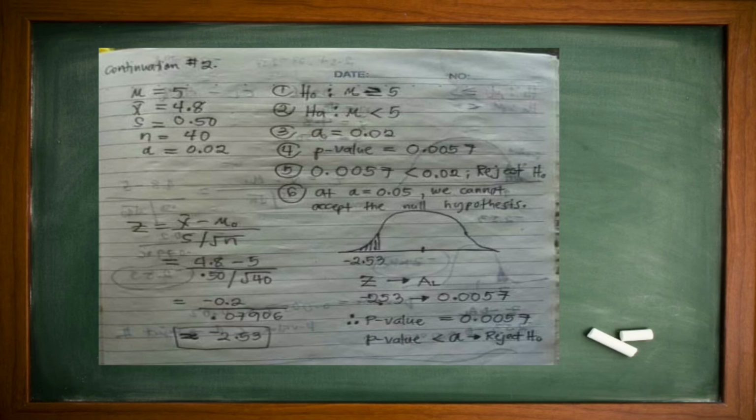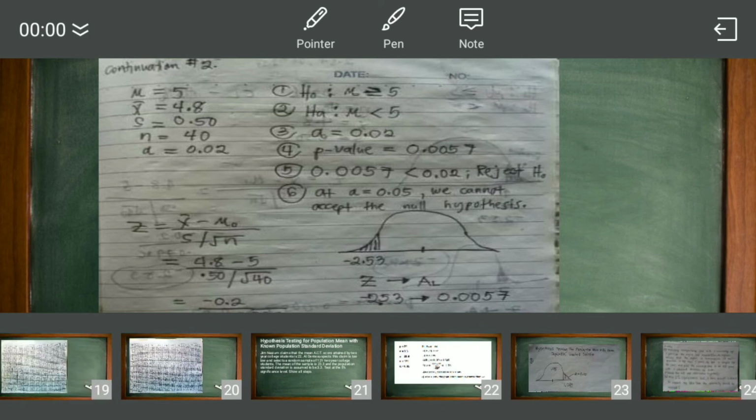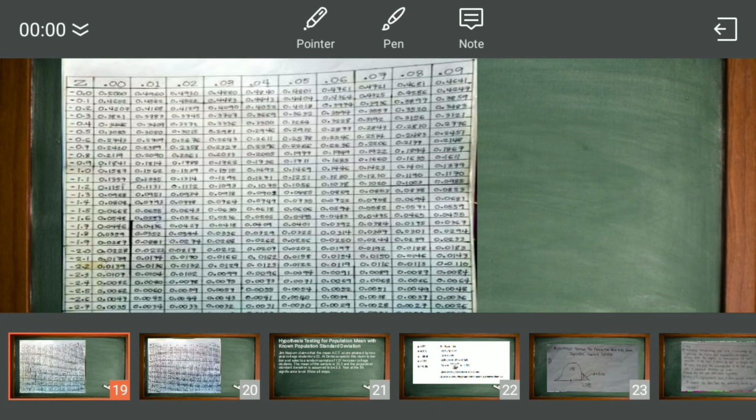So yan nga po yung question. Saan galing yung 0.0057? So kung babalikan po natin yung table kanina, which is ito, yung ating z value table, titignan lang po natin yung negative 2.53. So hanapin lang po natin vertically negative 2.5. And then sa taas naman po, hanapin natin is 0.03.